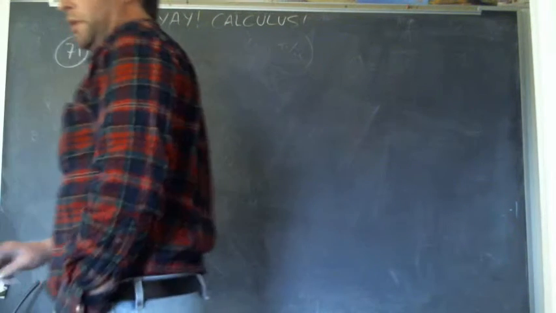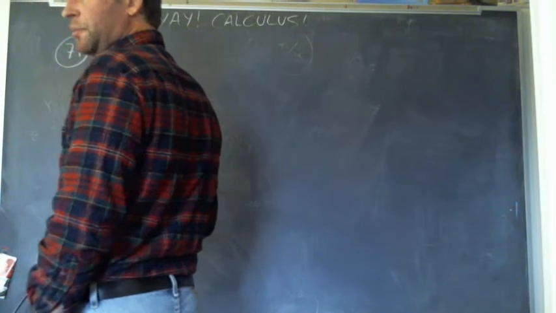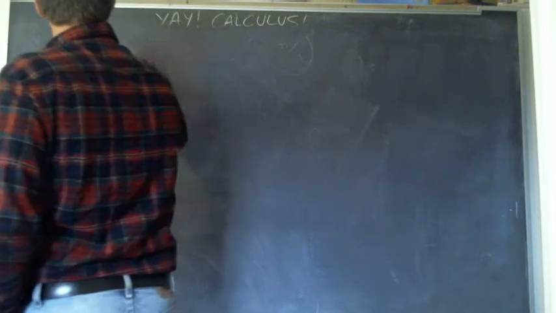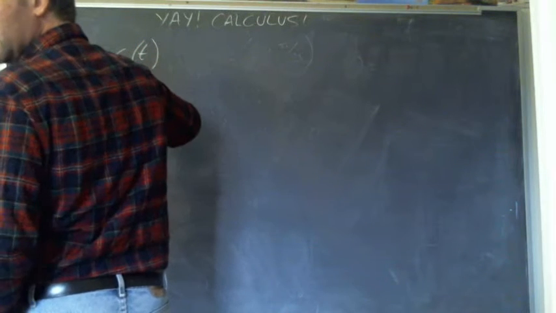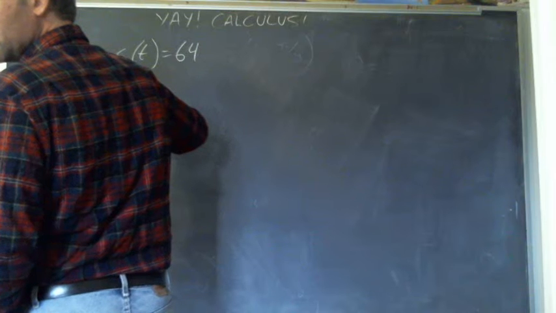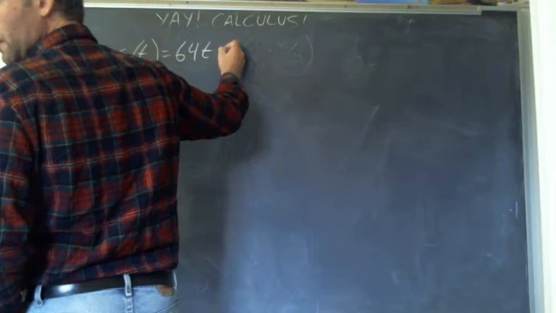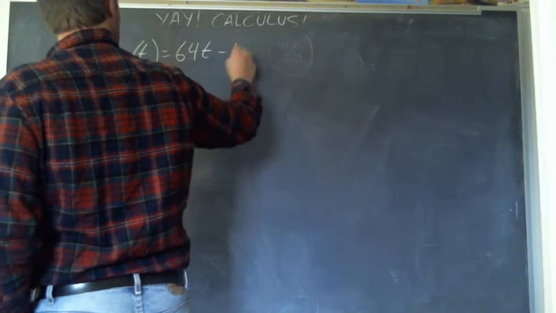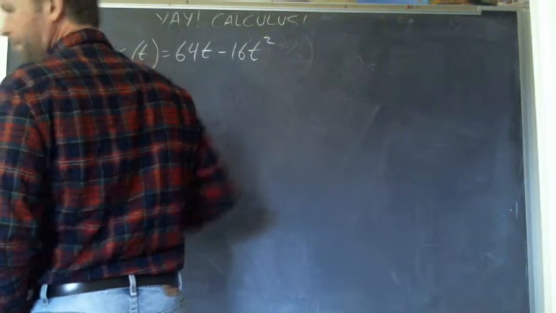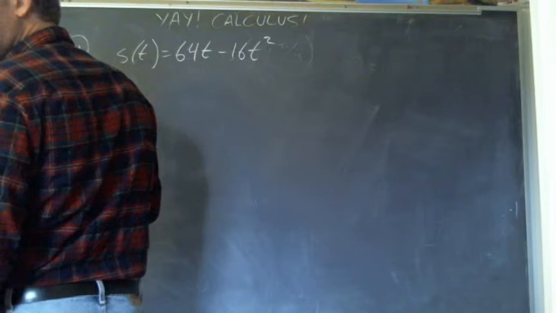On Earth, if you shoot a paperclip 64 feet straight up into the air with a rubber band, the paperclip will be s of t equals 64t minus 16t squared feet above your hand at t seconds after firing.